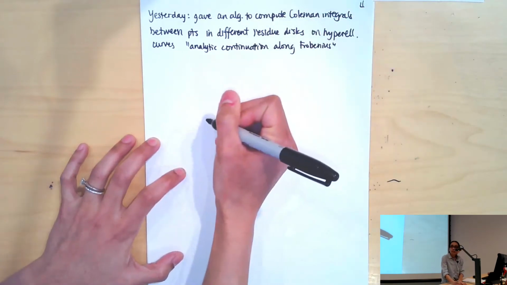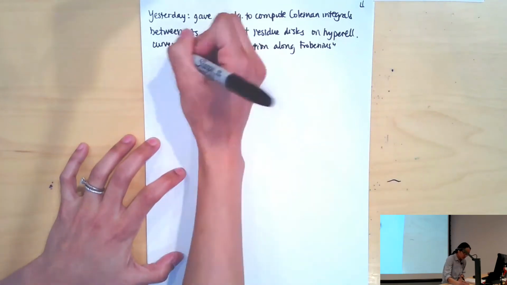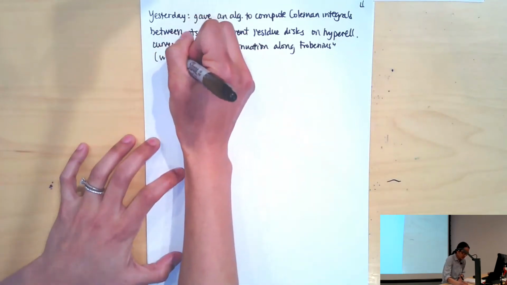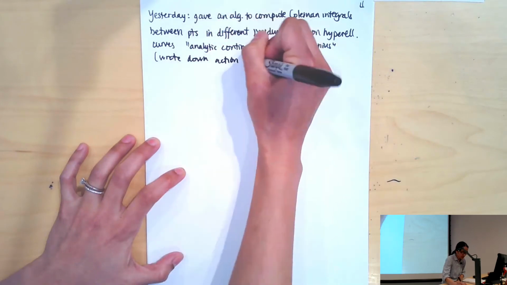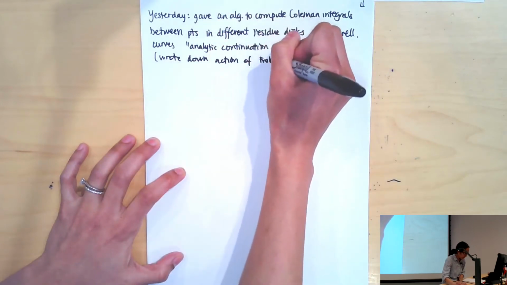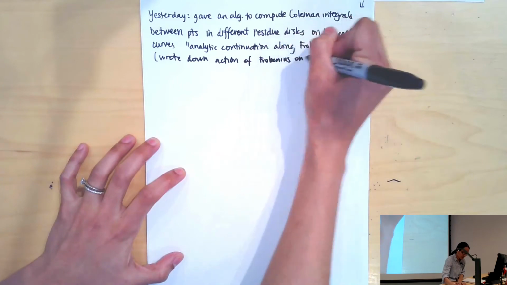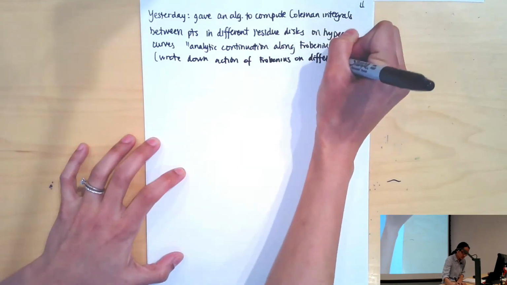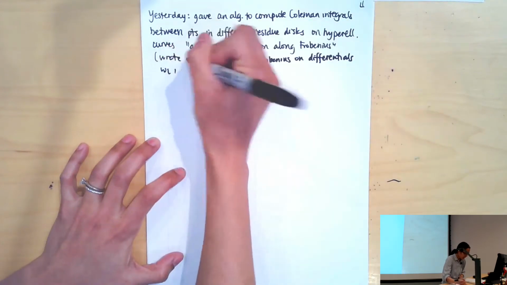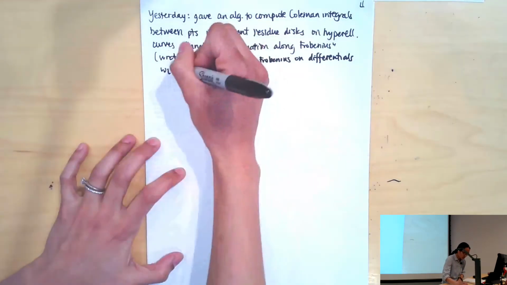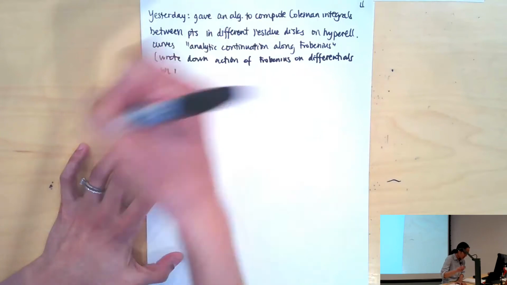So just to recap what happened there, we wrote down the action of Frobenius on some differentials and a basis for H1 de Rham. And then once we wrote down that action, we introduced these very large pole orders.